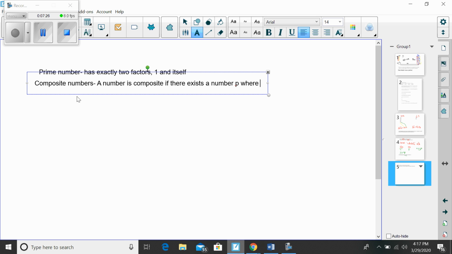Because you might say, well, it's composite then if it has a factor other than one and itself, all right? But let me give you a college level definition of composite. A number is composite if there exists a number P where P has to lie between 1 and n, and P divides n.